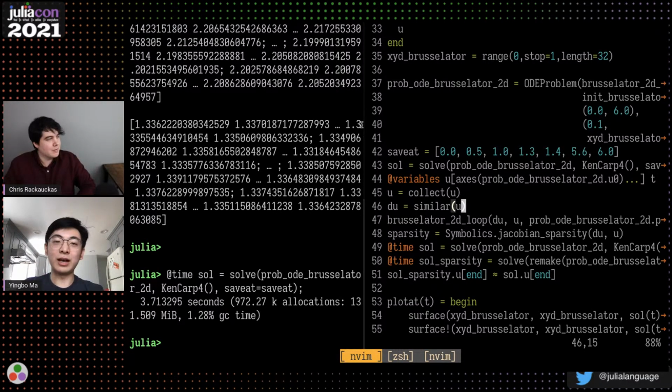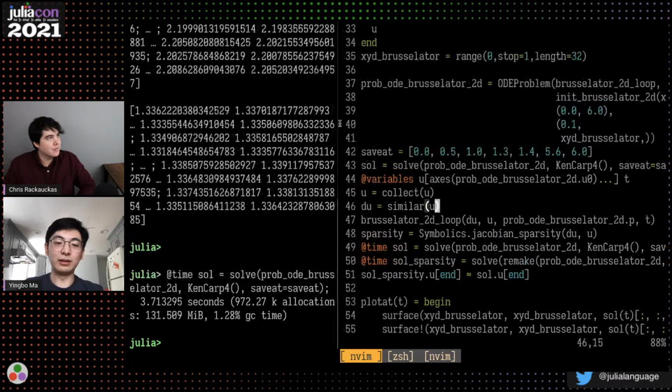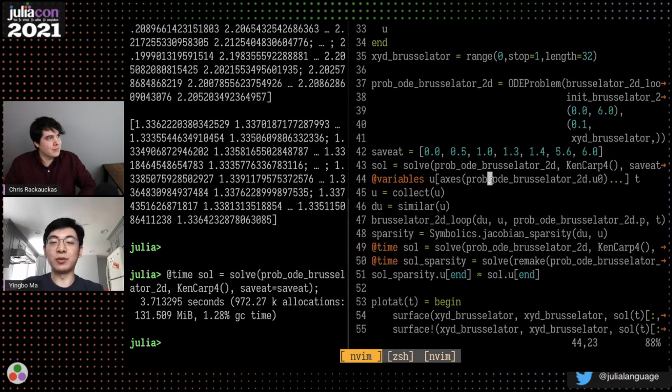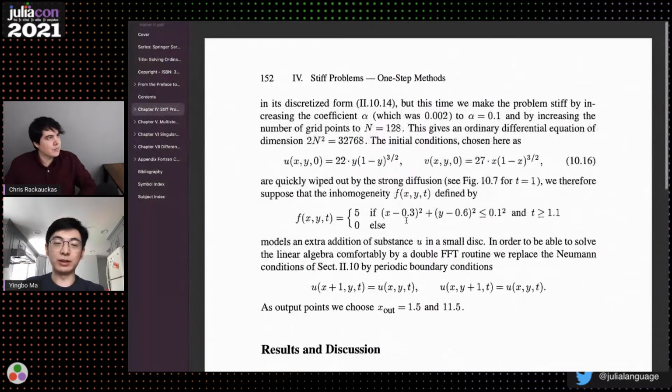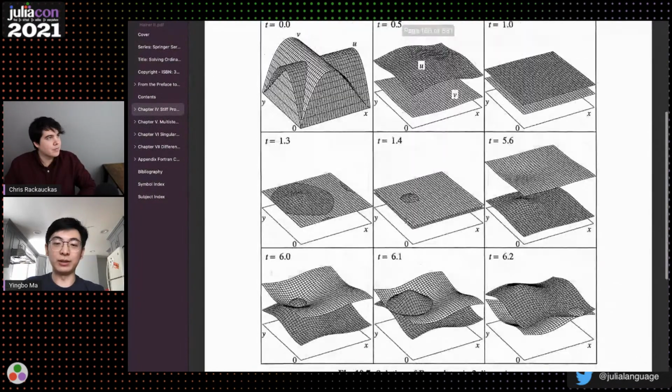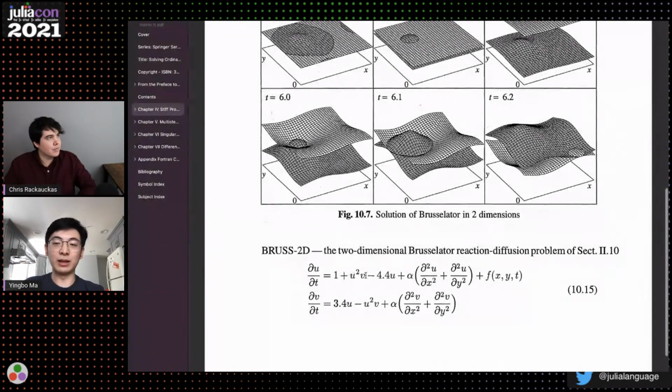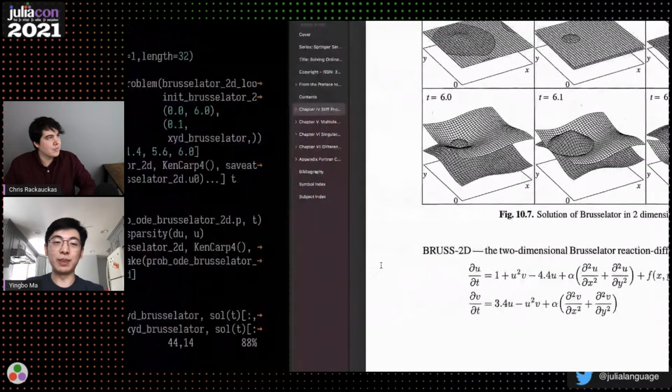So to utilize the Symbolics framework, of course, first we need to trace into this function. So now we instantiate an array-valued symbolic variable that has the same shape as the initial condition of the PDE. Remember, this is a reaction PDE with 2 species, and it's a 2D PDE.